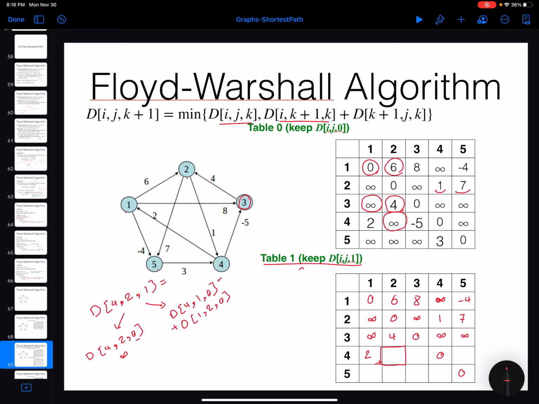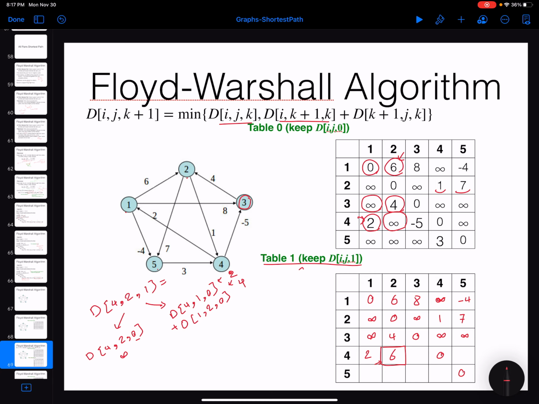Both of them are coming from 4 and 1, this one, and 1 and 2, this one, right? The summation of 2 and 4, this is going to be 6.